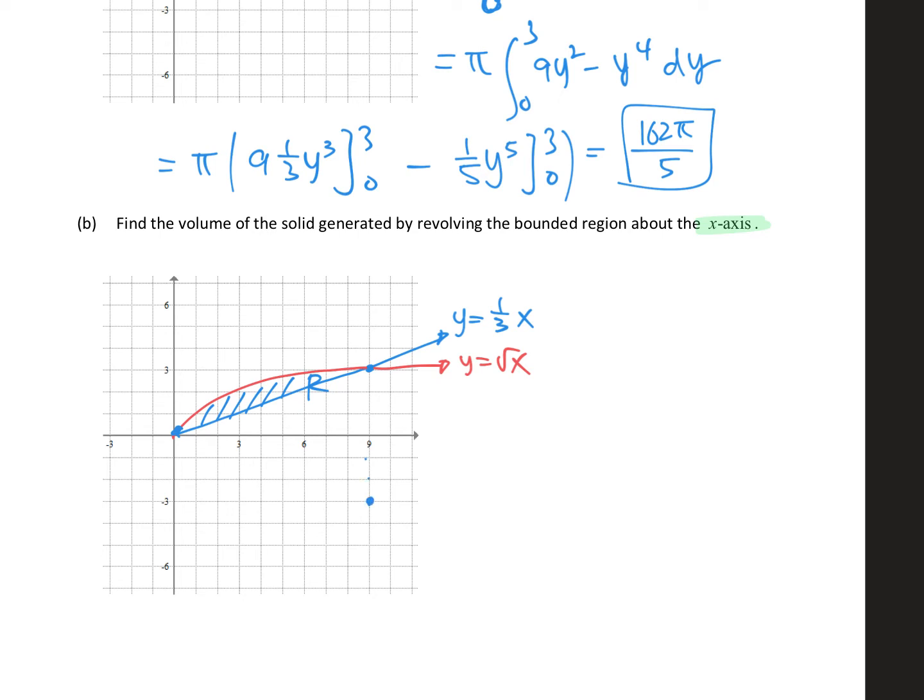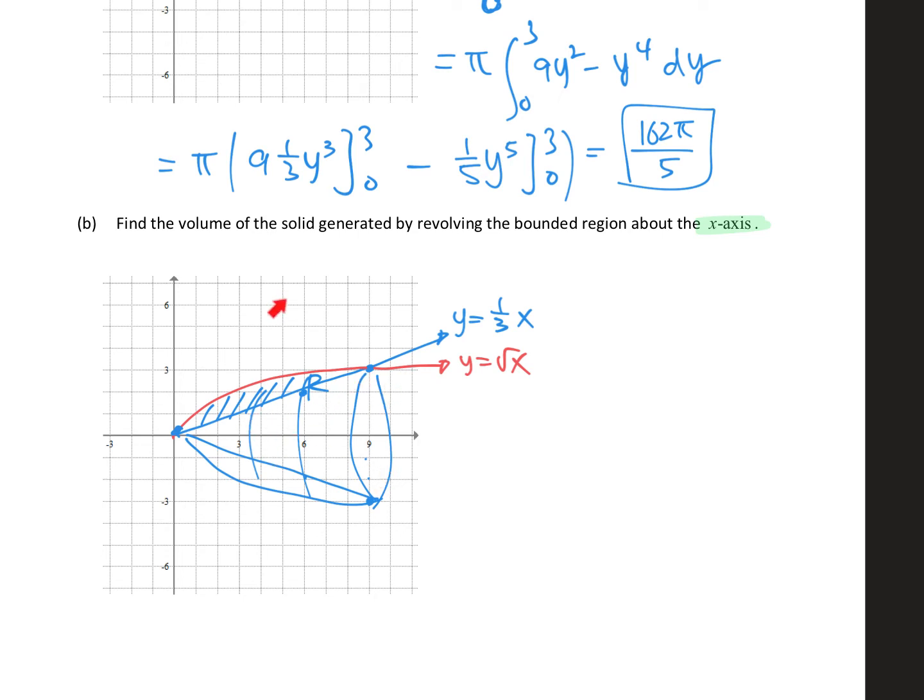I can have another sample point, maybe here 6, not 4, sorry. It's going to rotate about the x-axis, and here is 2 steps away, so it'd be 2 steps away on the other side. It's going to be like that, right? So again, it's just like a cone, but inside is empty.